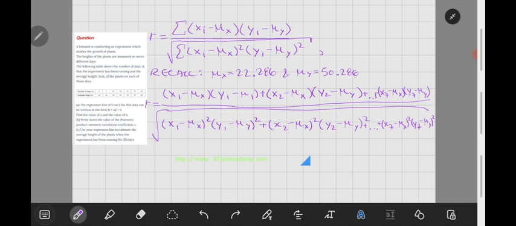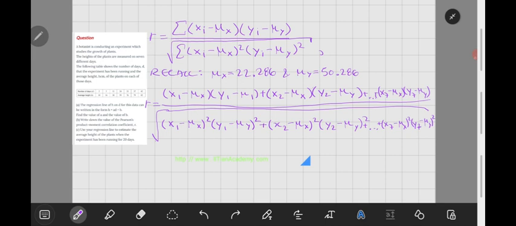And as you can see on the bottom, we are doing the same thing with x1, but in this case, for the denominator, we are squaring the value, and we're doing the same with the y. And then we add the second x minus the mean, and we square that, and do the same with the y, and we go all the way onto the 7th value.